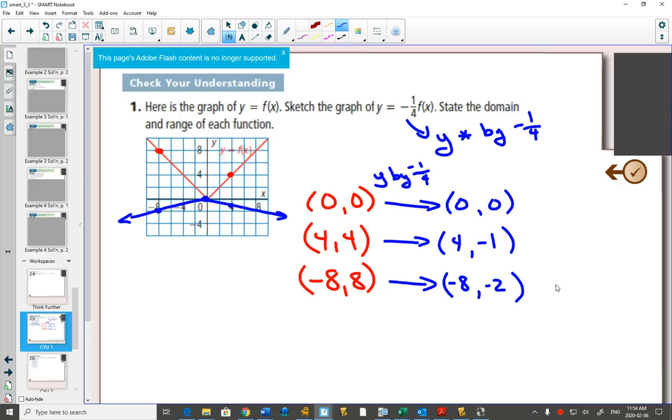Question, reading it again, it does say state the domain and range of each function. I'm going to use set notation this time. So domain, it gets wider and goes forever, so it's everything. The range, the red graph does have a smallest value and goes up forever, so I can say y is bigger than or equal to 0.